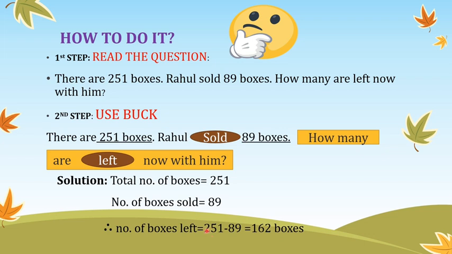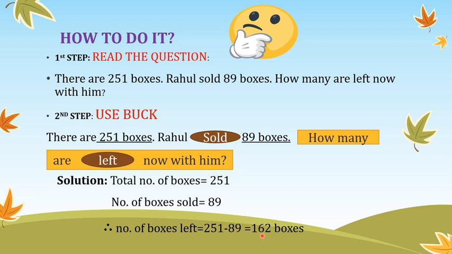Number of boxes left, because this is on subtraction, so we are going to subtract 89 from 251, right? Subtraction is always smaller number from the greater number, right? So I'm not reading like this, or you can say 251 minus 89 equals 162 boxes.